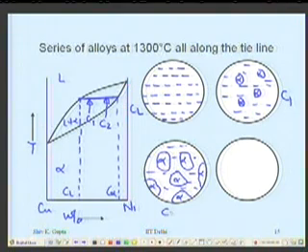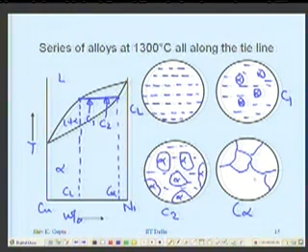This is composition C2. The fourth composition, let us take, is composition C alpha. It is all solid. There are alpha grains.